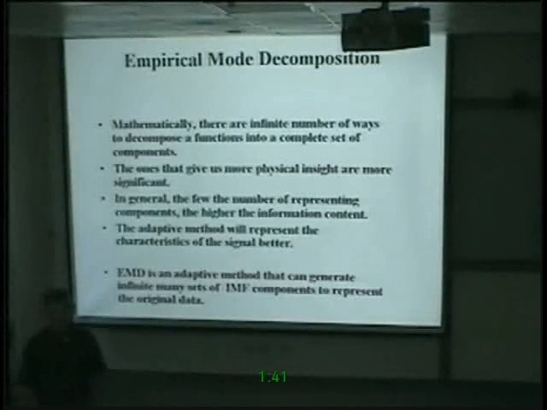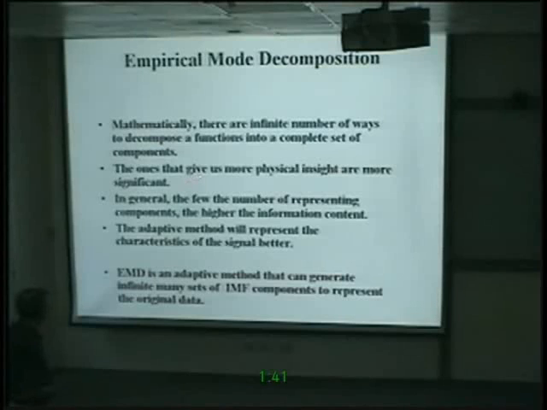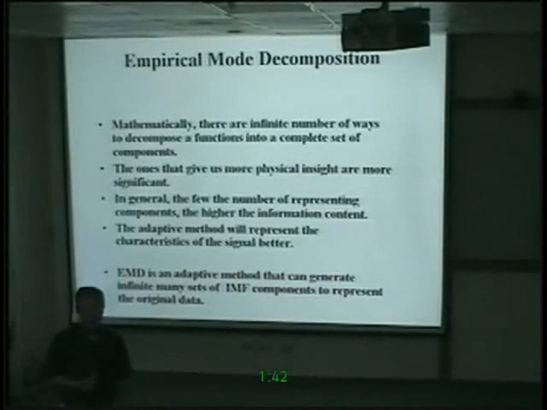You can normalize them. I think the one that gives us physical insight is more important to us as scientists than as engineers. Why does it have physical insight? The ones that have physical insight are the ones derived from the data. It's based on the data. It's not something that you added on.